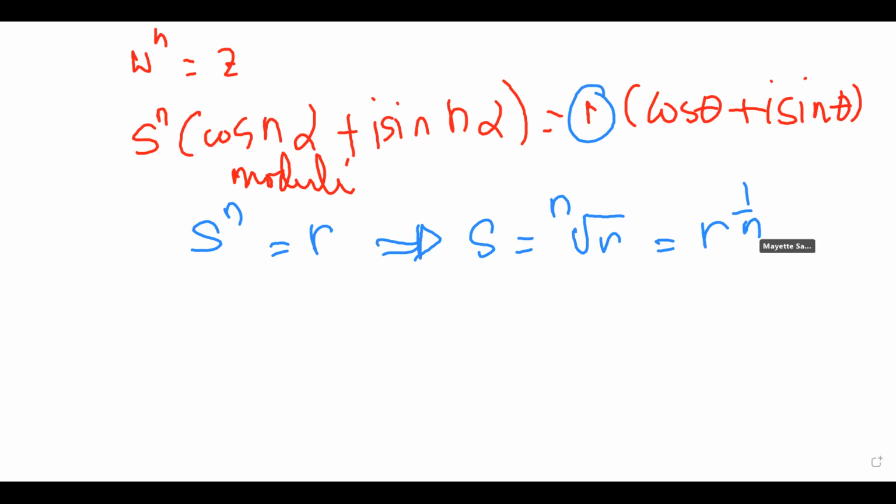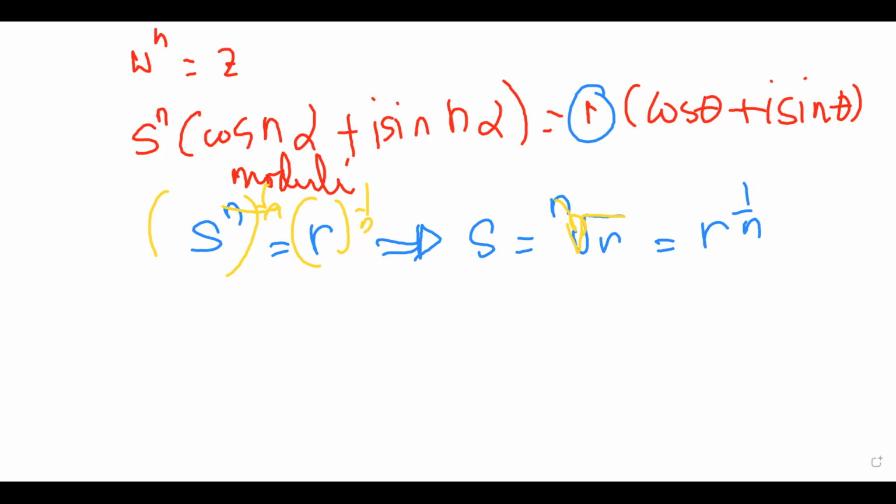Just raising both sides here by 1/n, this will cancel, and that will give us s = r^(1/n), or writing it using the radical symbol, this will be the nth root.